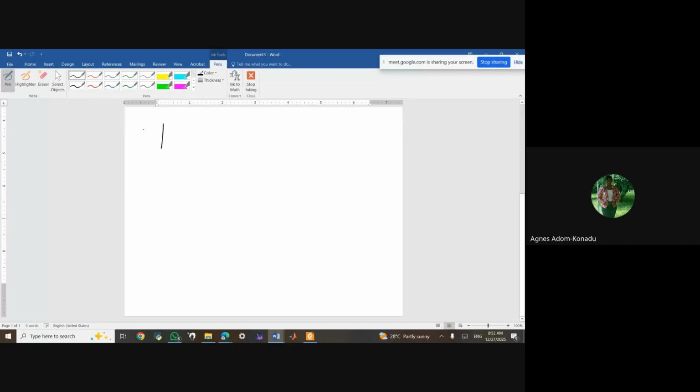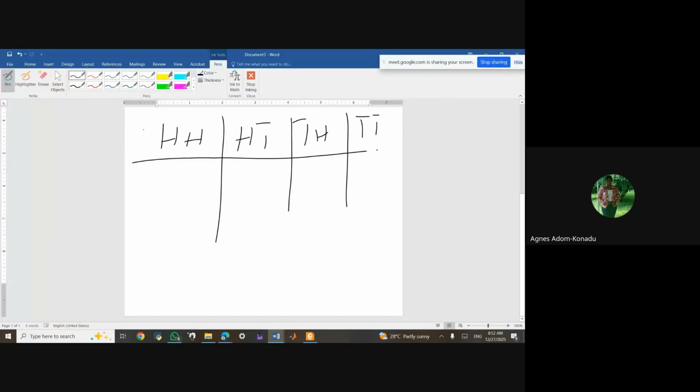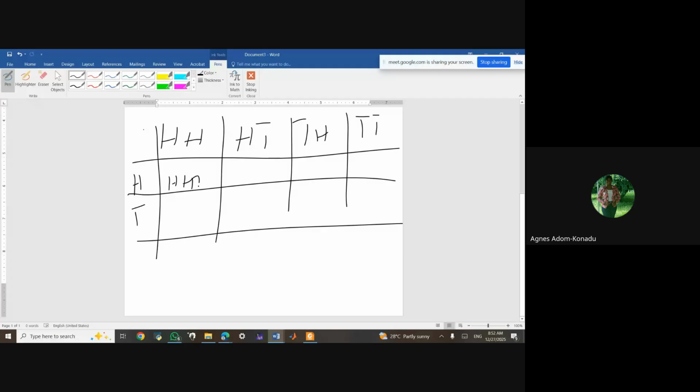So you can have your head, head, you can have your head, tail, you can have your tail, head, you can have your tail, tail. Then you can have your head and then your tail like this. So you're going to get head head head, head head tail, head tail head, head tail tail.